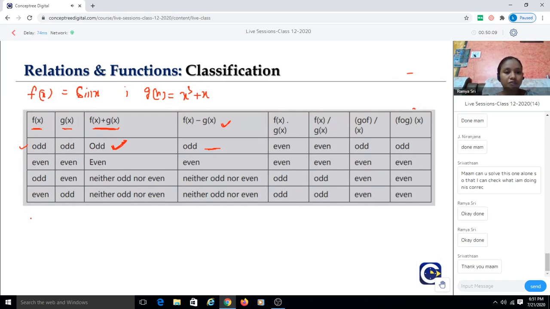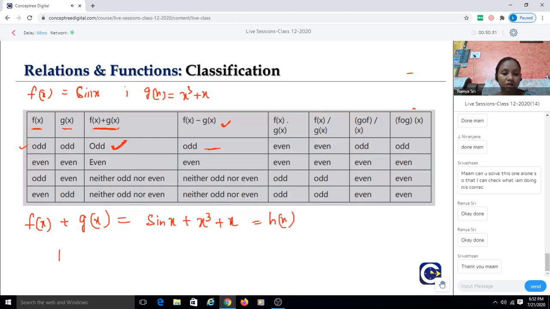So here if we add these two, that will be f of x plus g of x, which will be equal to sin x plus x cube plus x. Let's just check what happens to the resultant. Let this be the function h of x.